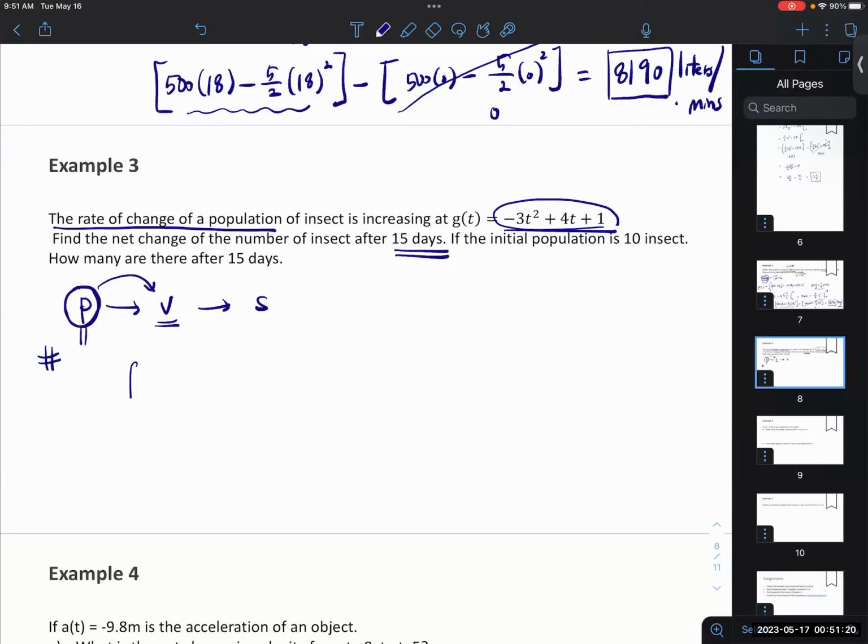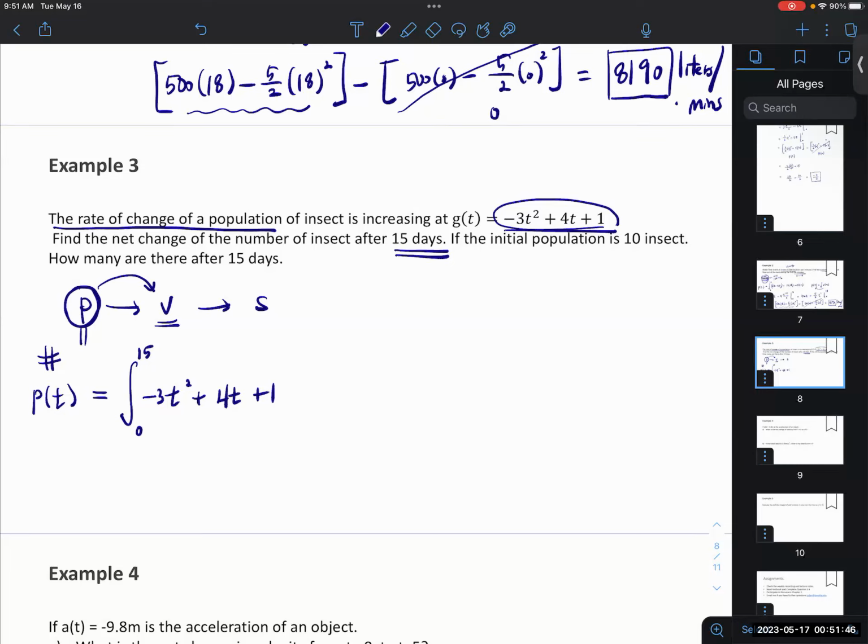Again, we are having the velocity function negative 3t squared plus 4t plus 1, and I'm looking for between 0 to 15 days. So if you're taking the integral of the velocity function, you will find out the number of the population of the insects. Over the time, the number of insects is changing, correct?